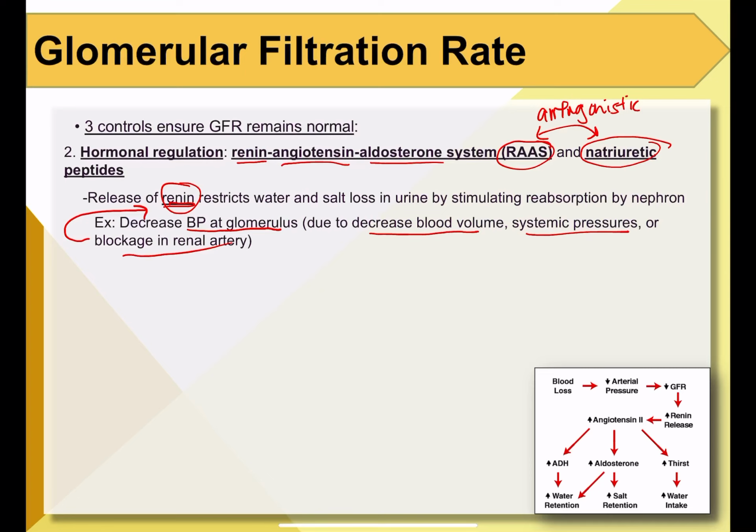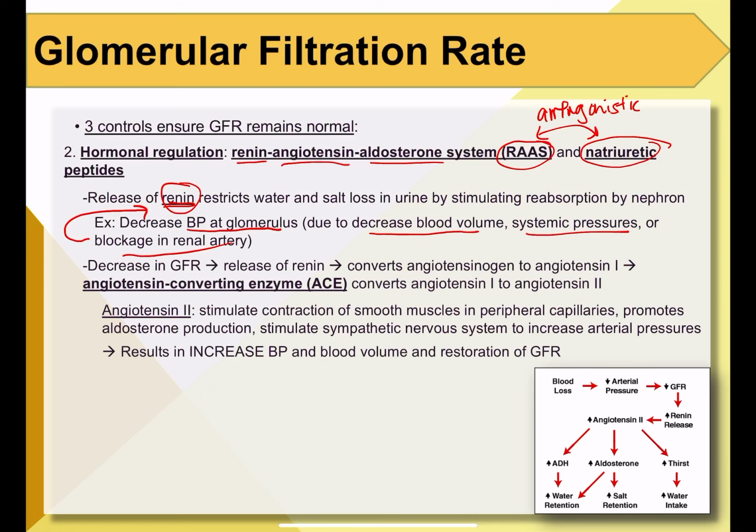On the other hand, if blood pressure gets too high, which means there's an increase in blood volume, then we need to increase GFR to help get rid of that blood volume and increase urine loss.